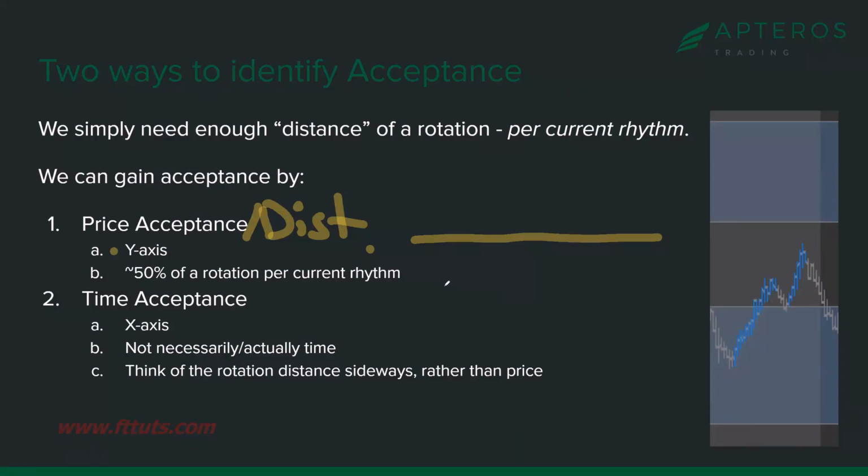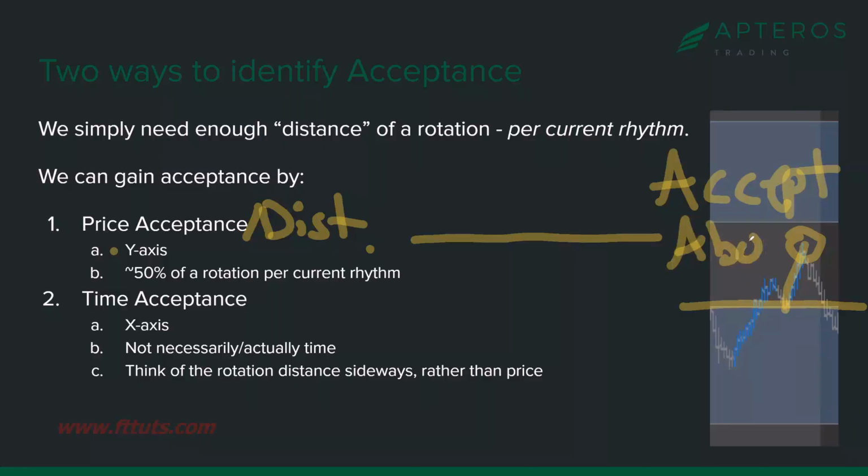So in this case here, price, let's say at this point in time, has gone far enough above this reference in question to say we have accepted above XYZ reference.